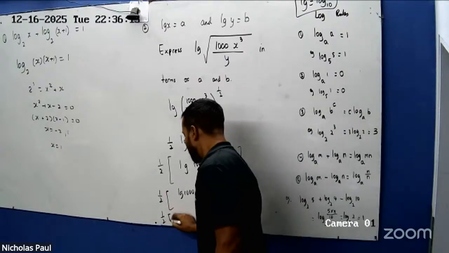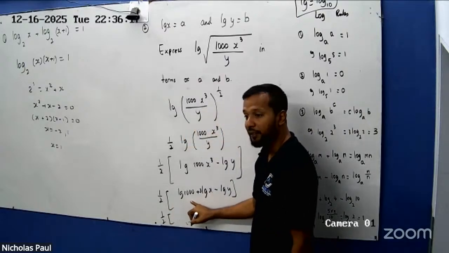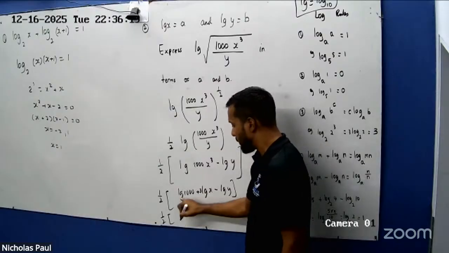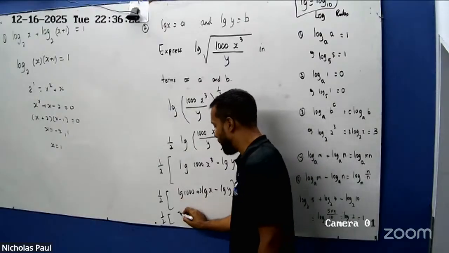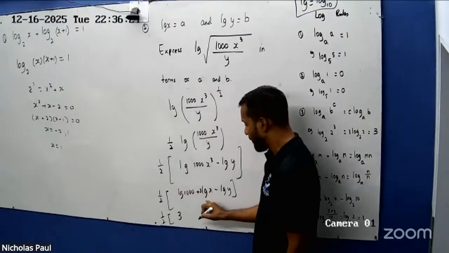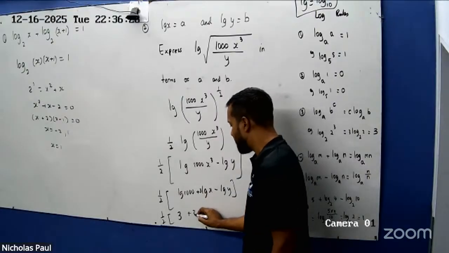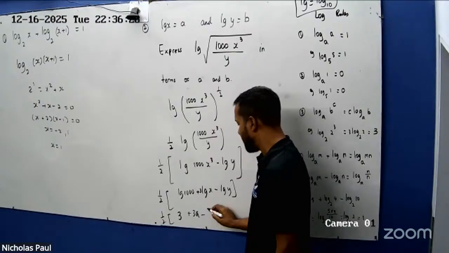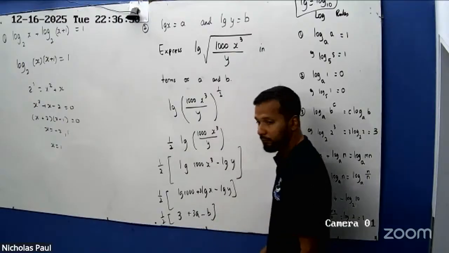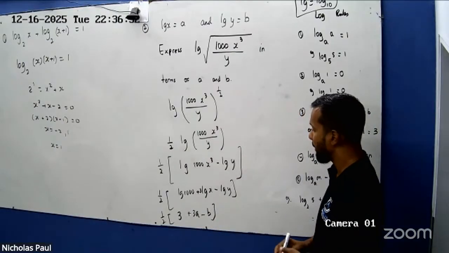That's it. Log 1000 is how much? You put it in the calculator and you will end up with 3. 3 log x is 3a. Log y is b. That's it.